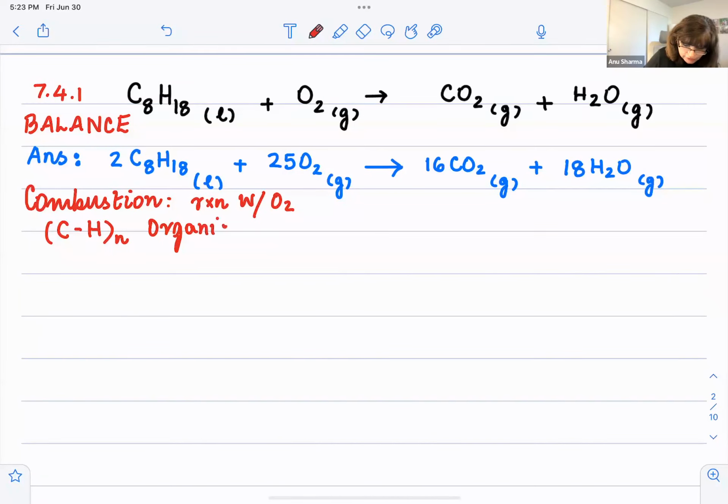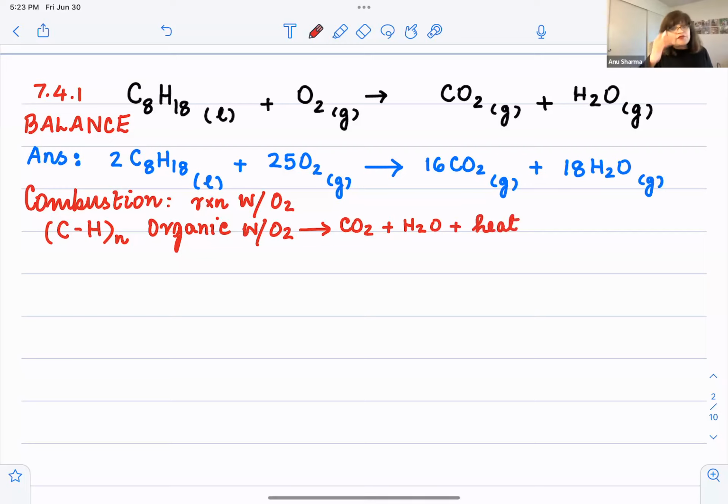Whenever organic molecules are burnt in oxygen, they are going to give carbon dioxide, all of them, it's a standard thing, plus water. And of course, a massive amount of heat is produced. So that's combustion, flammable reactions. These are organic ones.